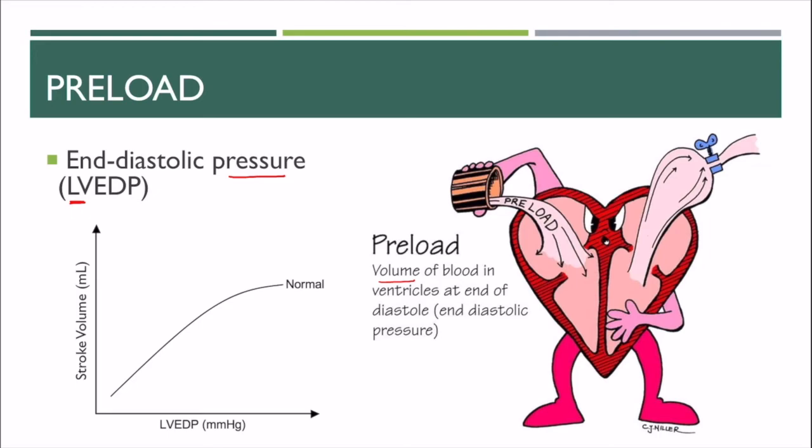So it should make sense that as we increase the volume in the heart at the end of diastole, we would be able to pump more blood out. On this graph, we see preload on the x-axis and stroke volume on the y-axis. And more in equals more out. It's pretty nice and simple that way.